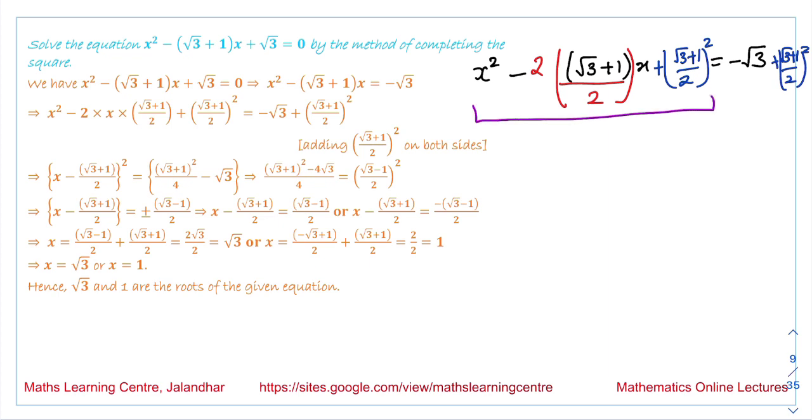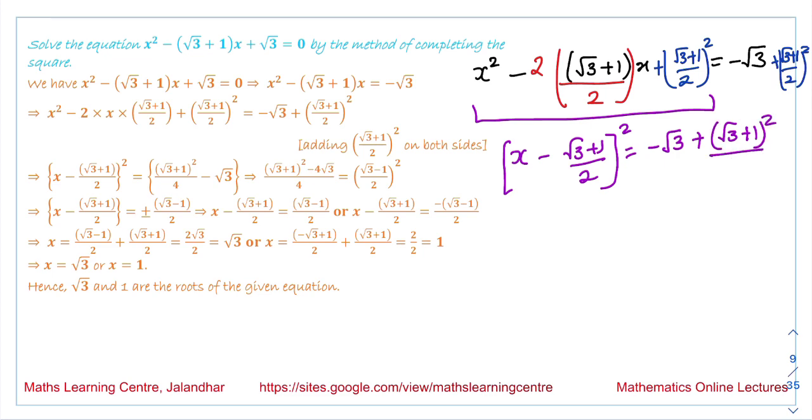This term is x minus root 3 plus 1 by 2 whole square, that is equal to minus square root 3 plus root 3 plus 1 whole square by 4. On solving this side, we get root 3 square plus 1 plus 2 root 3 by 4.